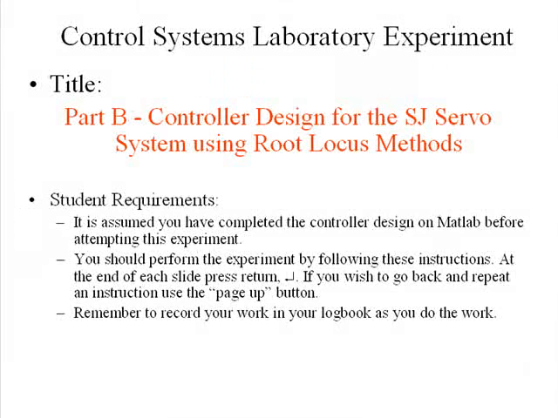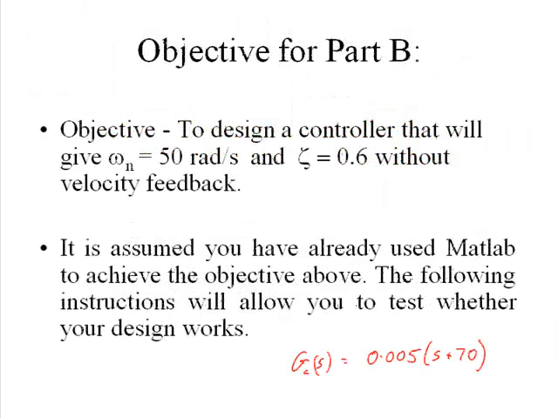Hello, this video is to show you how to implement your controller designs that you designed using MATLAB for the SJ Servo. It is assumed by now that you have already done the MATLAB session, designed a controller to meet the objective of 50 radians per second for the undamped natural frequency and a damping constant of 0.6.